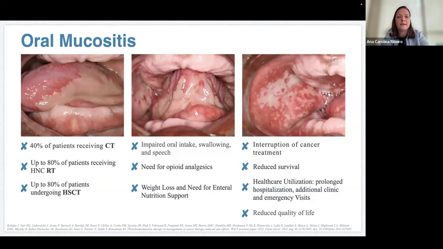In severe cases, it may lead to opioid use, nutritional support, hospitalization, and interruption of cancer treatment. As a result, oral mucositis can negatively affect quality of life and may also compromise treatment outcomes.